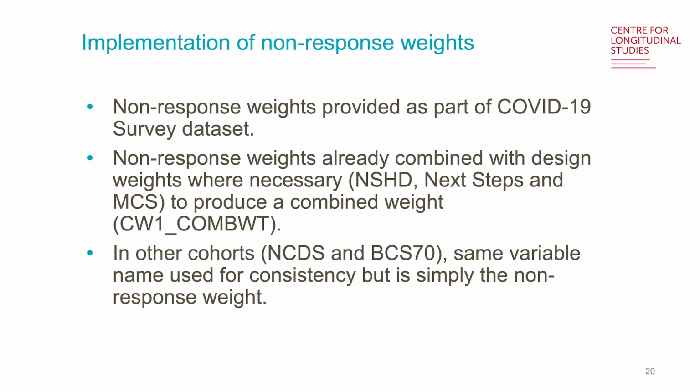In some of the cohorts, there are already design weights that need to be applied in any analyses that you do, or at least they should be. That's the case in NSHD, Next Steps, and MCS.